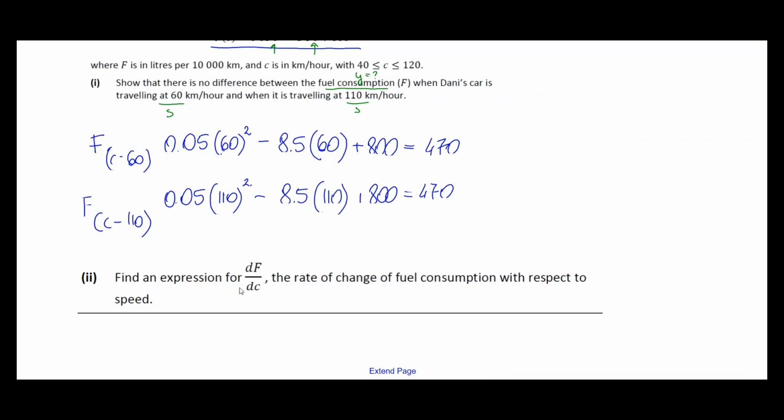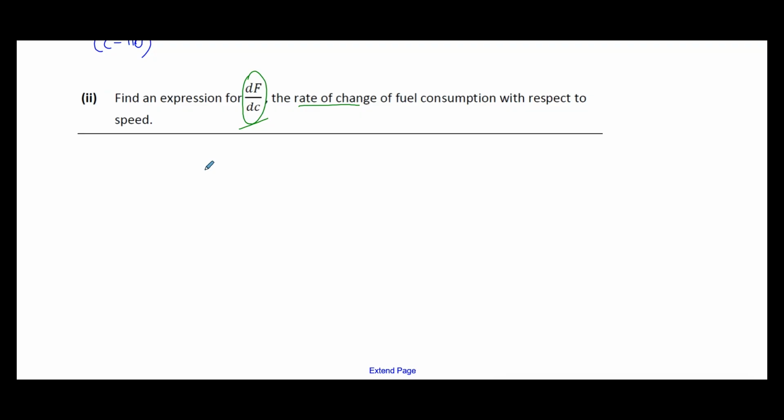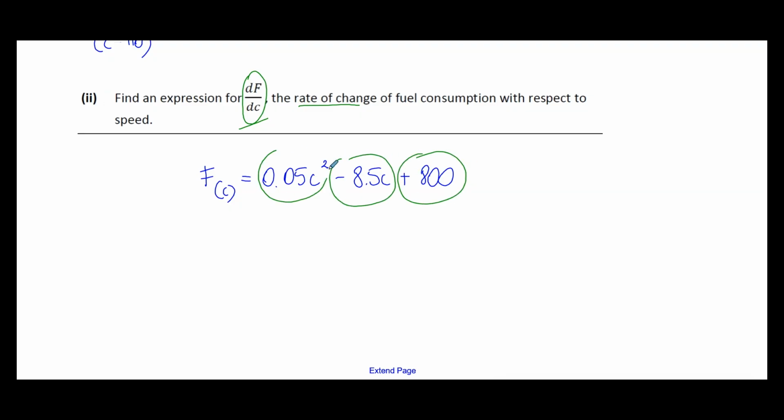So part 2, find an expression for what? A derivative, isn't it? They are looking for the derivative of this function, the rate of change. This is another word for derivative of fuel consumption with respect to speed. So we need to differentiate our f of c function, and let's not forget that is a very simple differentiation because we are going from quadratic into what? Linear, isn't it? Each element is differentiated separately.